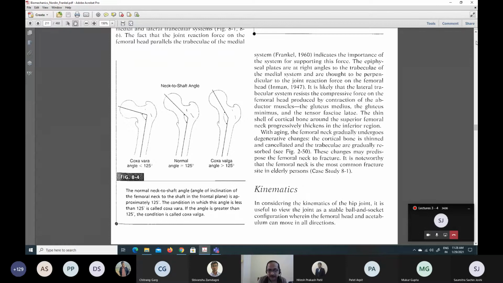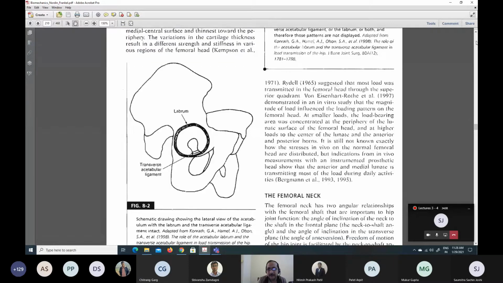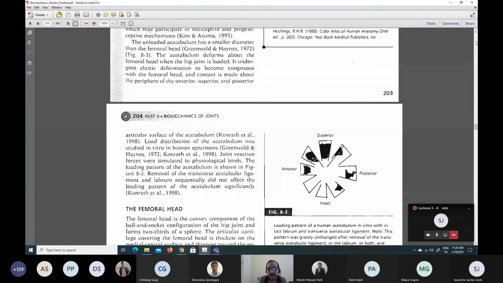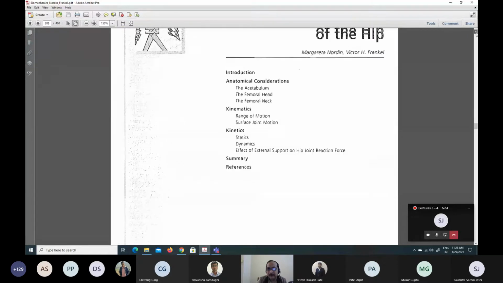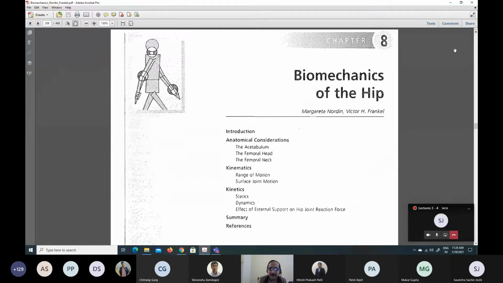So, biomechanics of the hip joint is a very important topic because the hip joint is located in the lower limb, and within the host of lower limbs, the hip gives you a large range of motion.